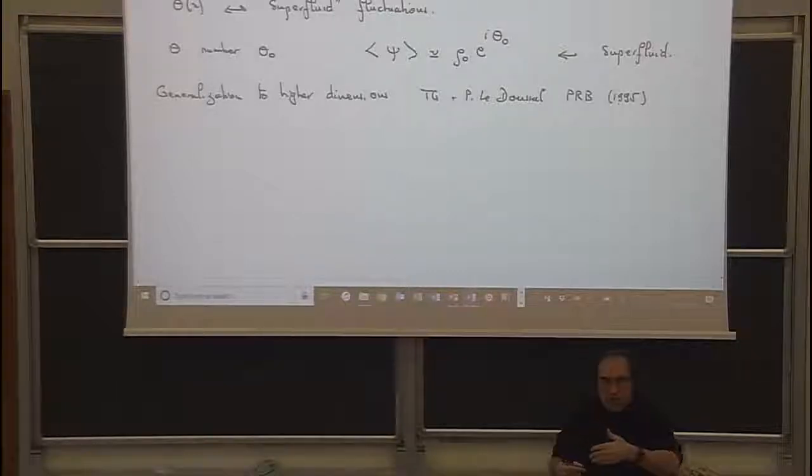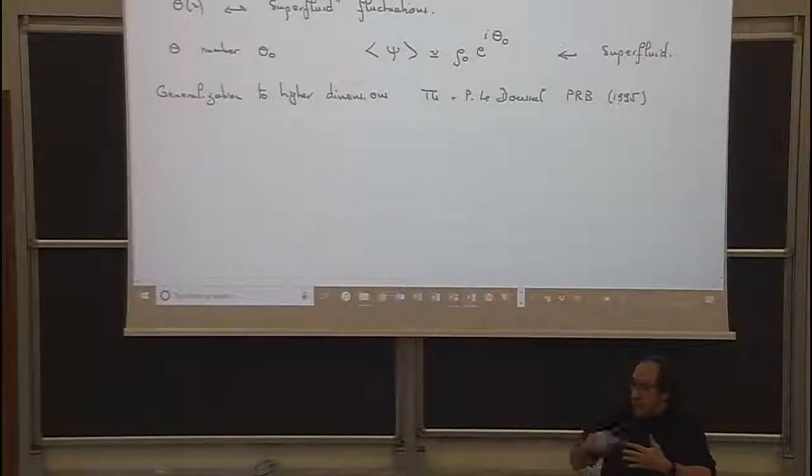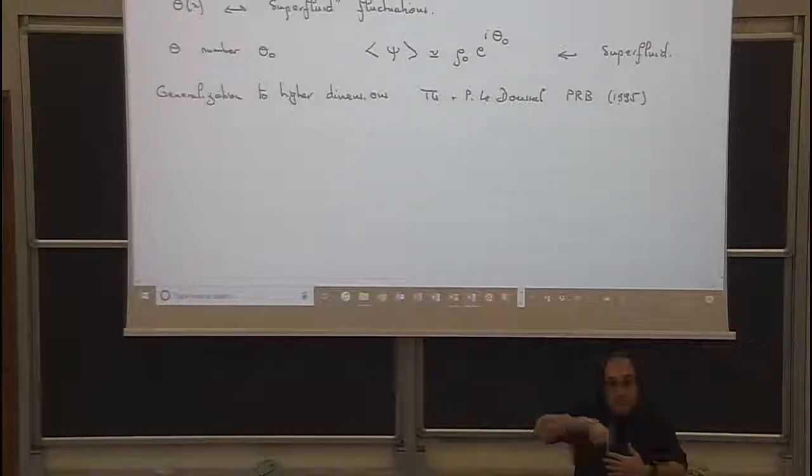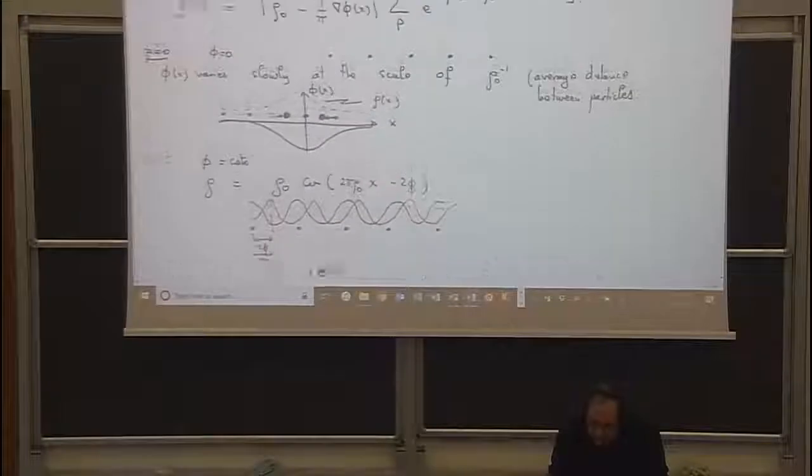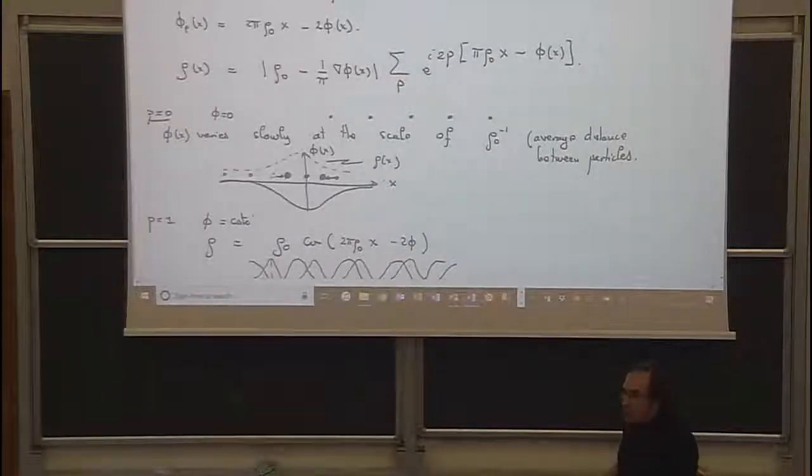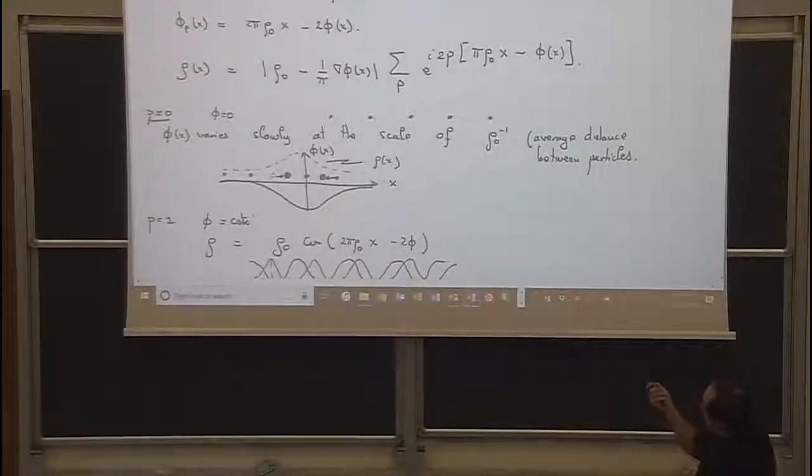In particular, in a crystal, you know very well that if you have a dislocation, a topological defect, then the number of the particle depends on how you go around this defect. And then you cannot find a way to write this wonderful formula, which one can generalize in higher dimension by summing over the vectors of the reciprocal lattice of the crystal.